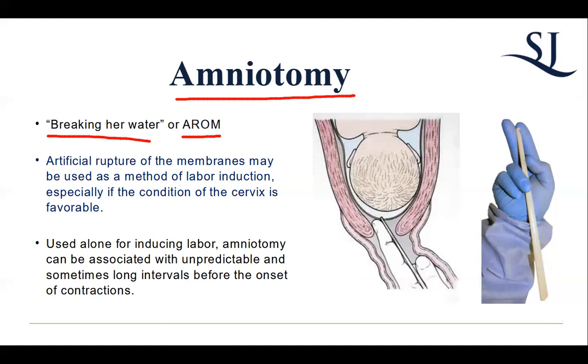So it behooves you, unless you have a contraindication, not to start with pit, because you're potentially going to need that later. So a strategy, and this is how decisions are made for these things, is: if I need to induce a patient and I can use prostaglandins, I'm going to do that first.